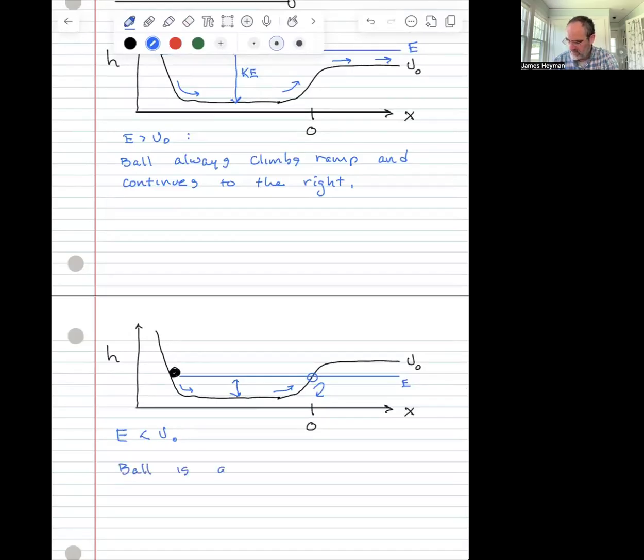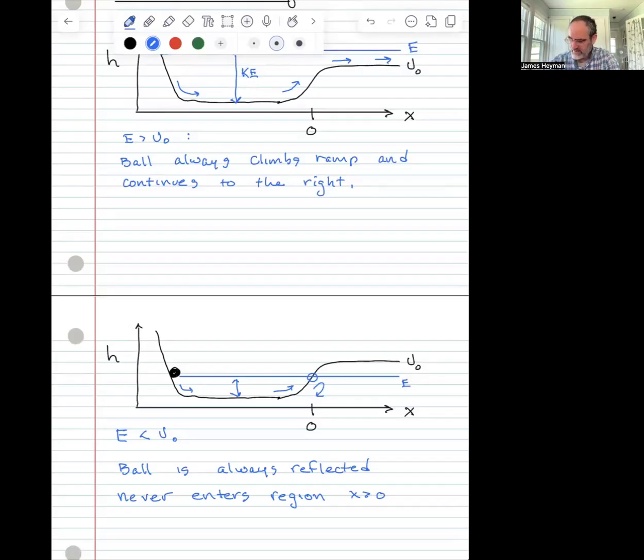And in that case, the ball is always reflected and never enters the region x greater than 0, or wherever the turning point is.